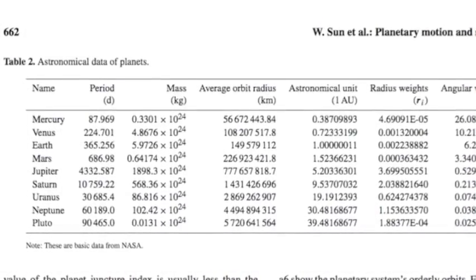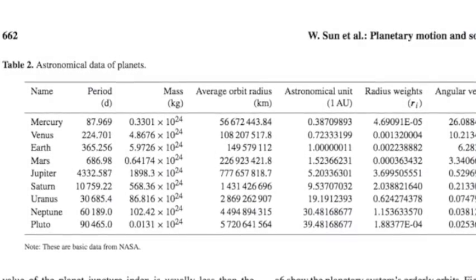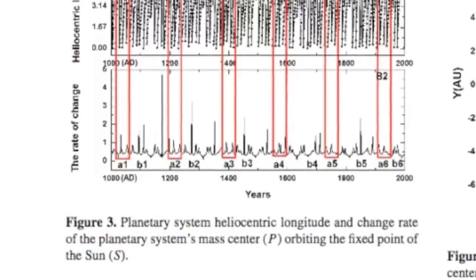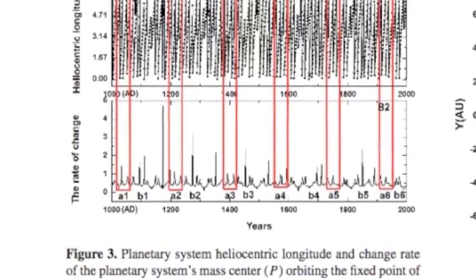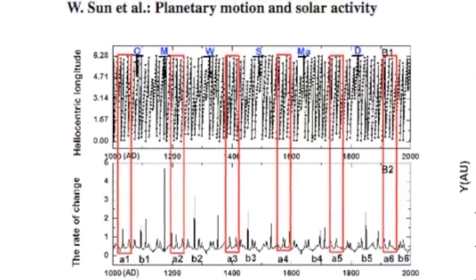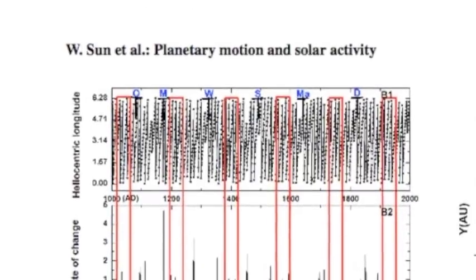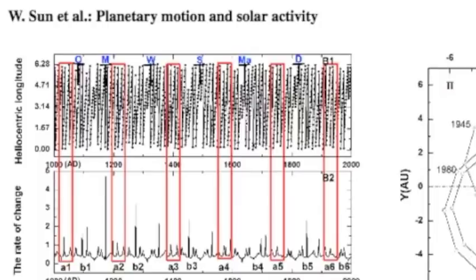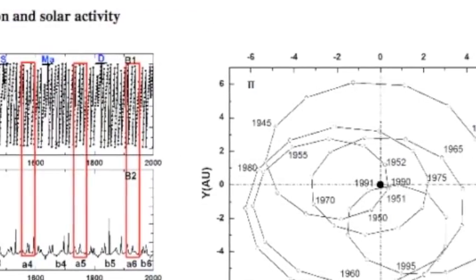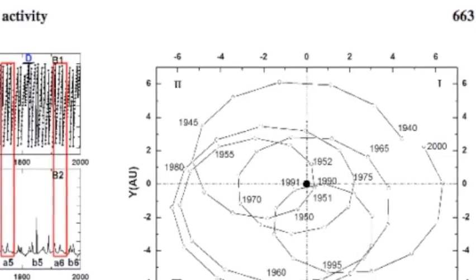The planetary system's heliocentric longitude represents the exact location of the planetary system's barycenter relative to the solar system's barycenter. The planetary system's heliocentric longitude also complements the deficiency of a short cycle and provides reference for studying the next planet juncture index. The movement of the planetary system remains consistent with solar activity to some extent.